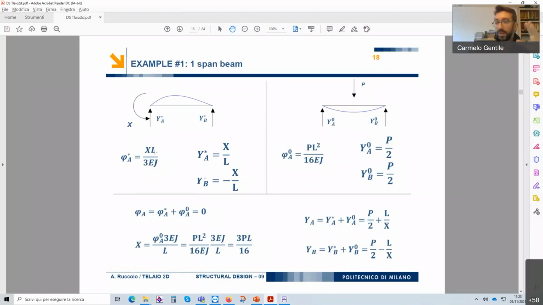Our unknown is only capital X, and so we say that capital X is PL squared over 16 I times 3 I over L. Why? Because all the materials are the same. So the E in this part of the structure is always the same E that is used. So at the end of the day, the solution does not depend on that parameter.